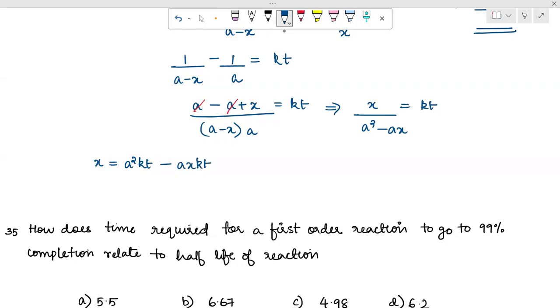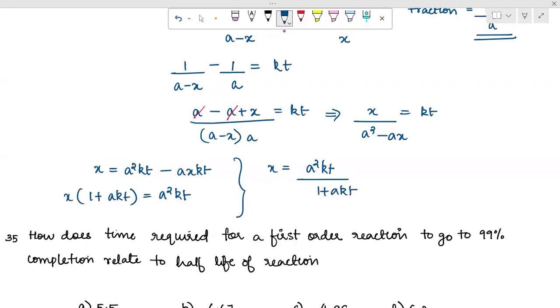I'll bring x terms to one side. So it becomes x into 1 plus akt is equal to a square kt. From this, x is equal to a square kt by 1 plus akt.